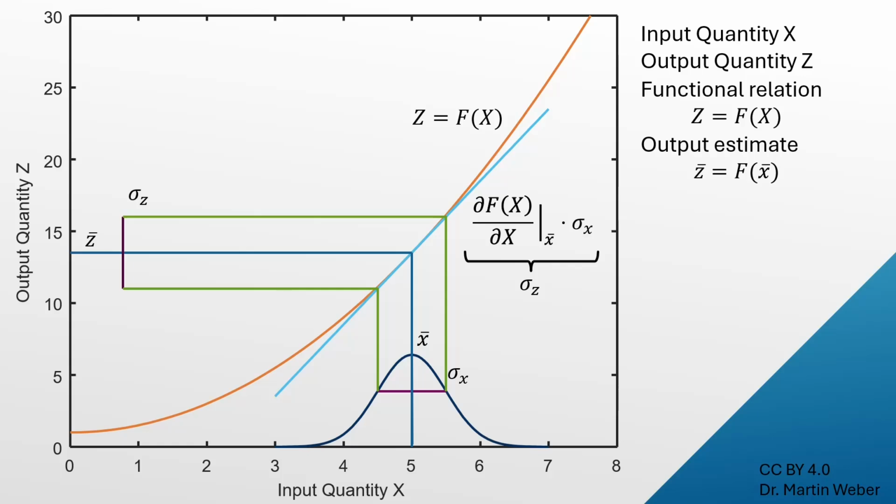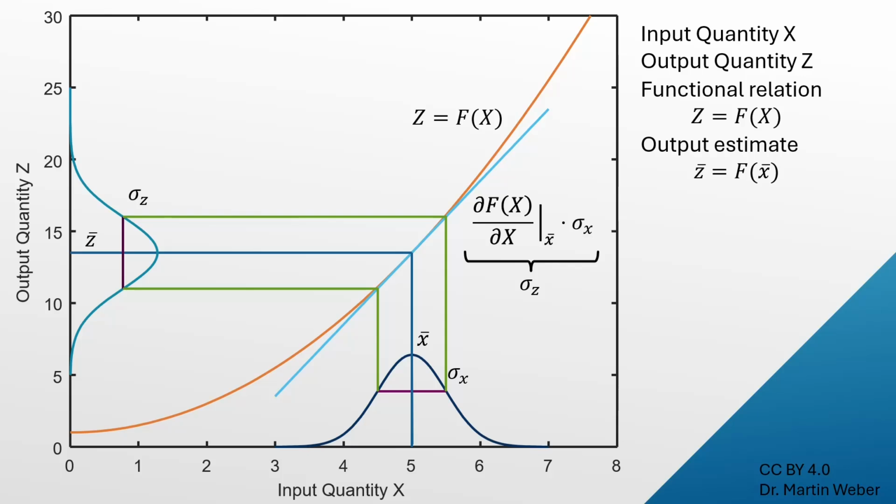And now for the output quantity, normal distribution can be reconstructed, and the standard deviation for the output quantity describes now the uncertainty for this value.